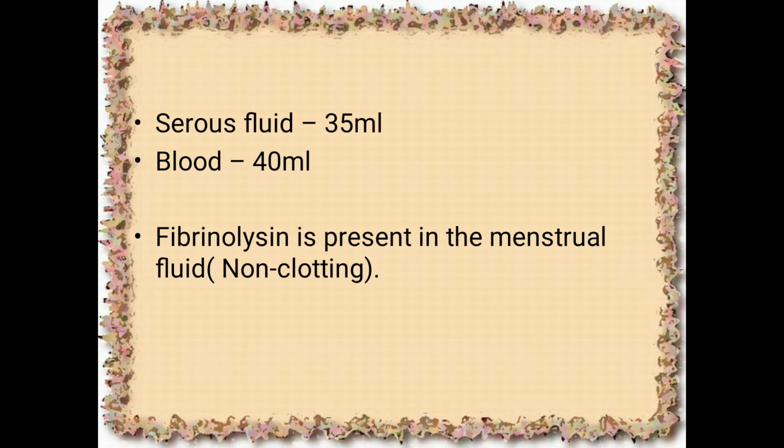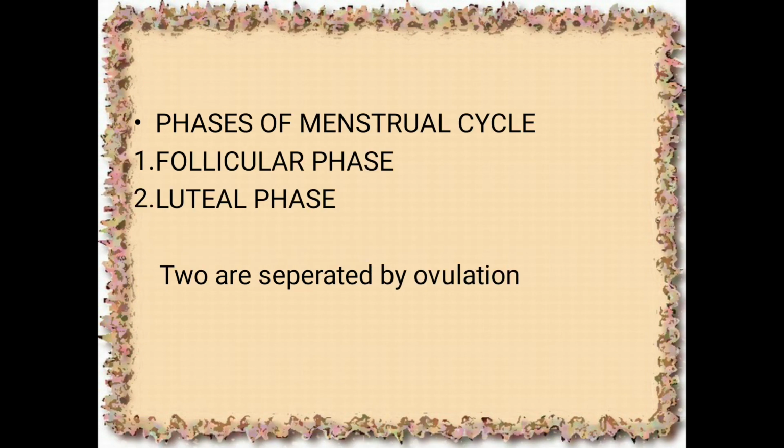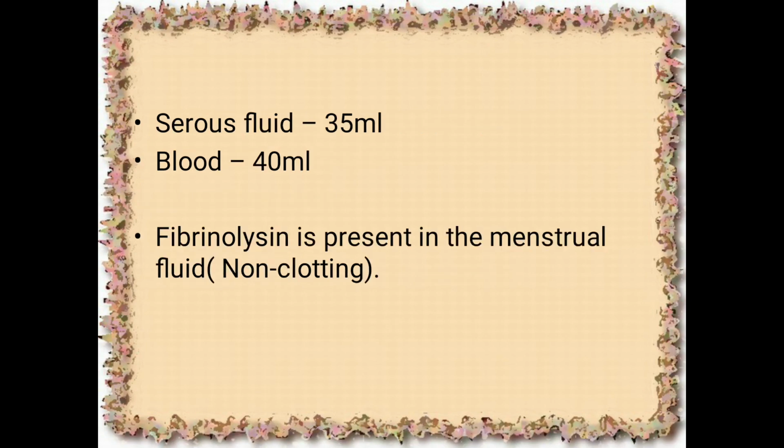When the blood comes out of the uterus, it will not clot because fibrinolysin is present there. Also, the menstrual blood contains tissue debris, prostaglandins, and, as I already told you, fibrinolysins. Normally 30 to 130 ml of blood is lost.